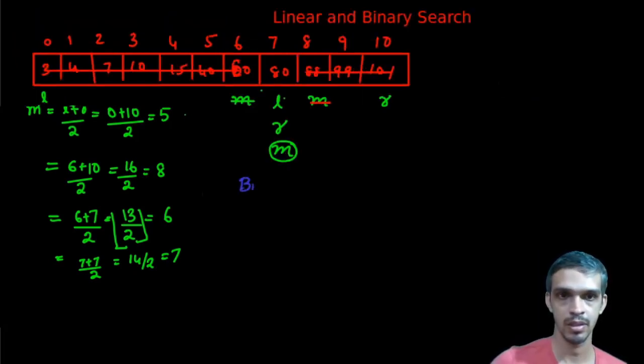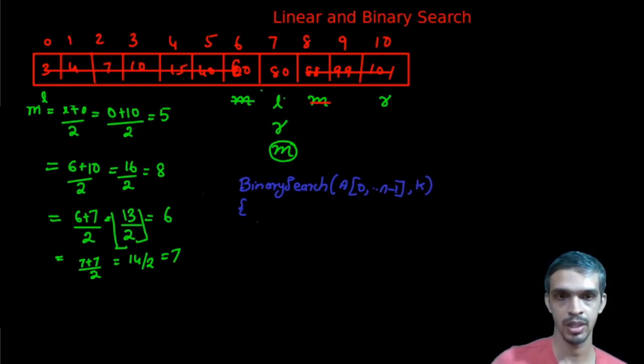The algorithm is known as binary search. The input is array a of 0 to n minus 1, array with length n, and key k to be searched. So this is the algorithm name.